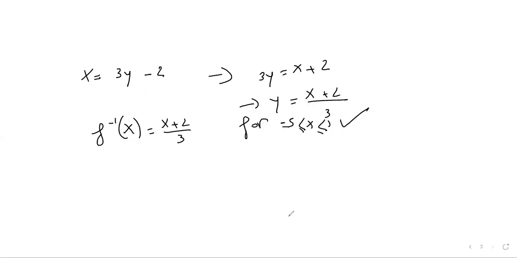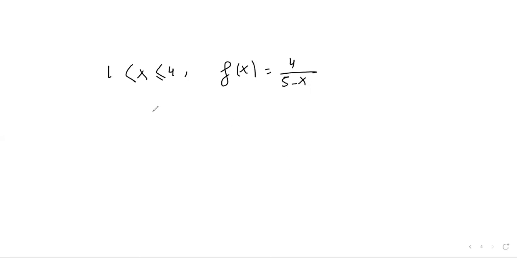So how will I define the second part? I know that for x between 1 and 4, f(x) is defined as 4 over (5 minus x).